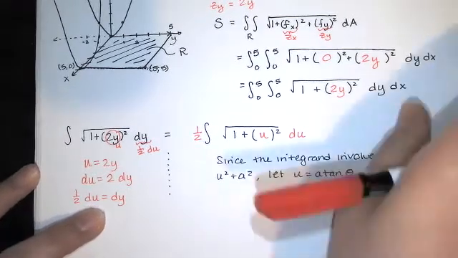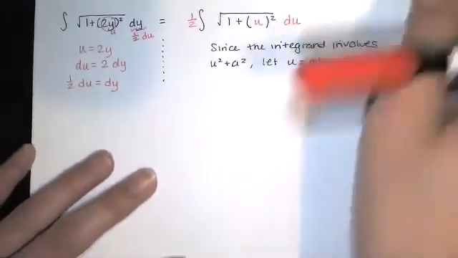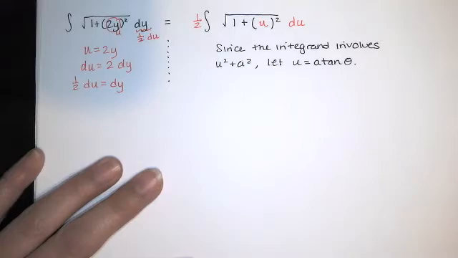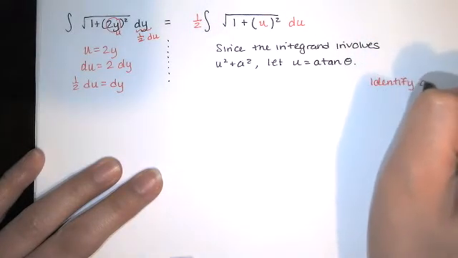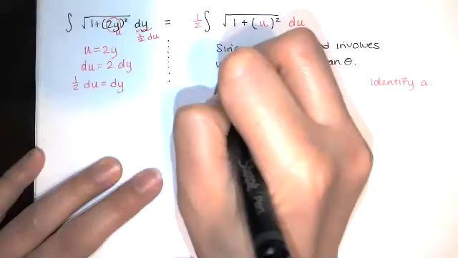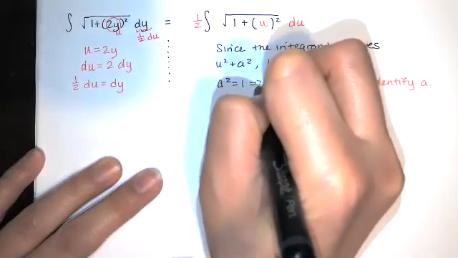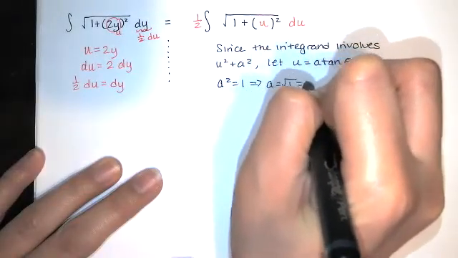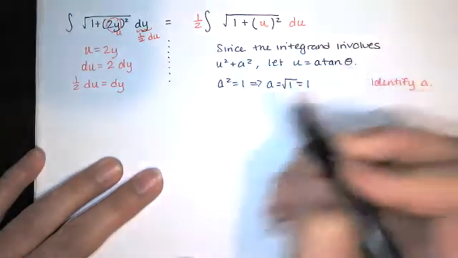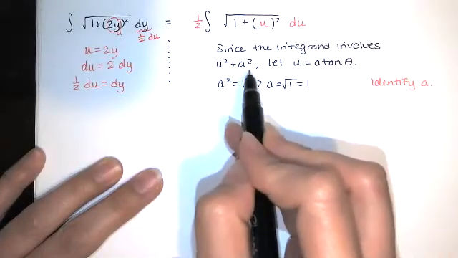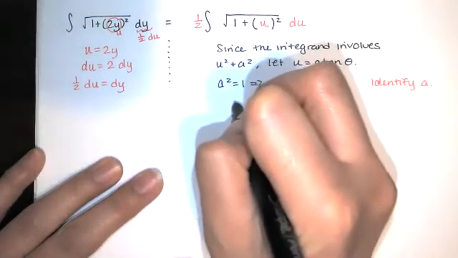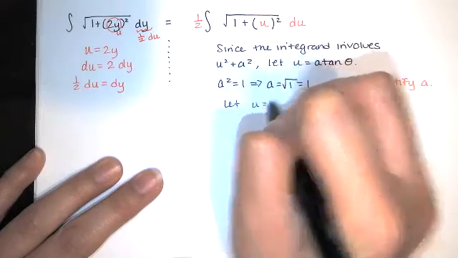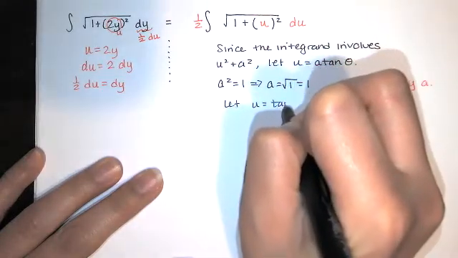In order to do that, we need to identify a. A squared is 1, so of course a equals the square root of 1, which is 1. And because of this u squared plus a squared, or 1 plus u squared, we're going to let u equal 1 times tangent of theta.